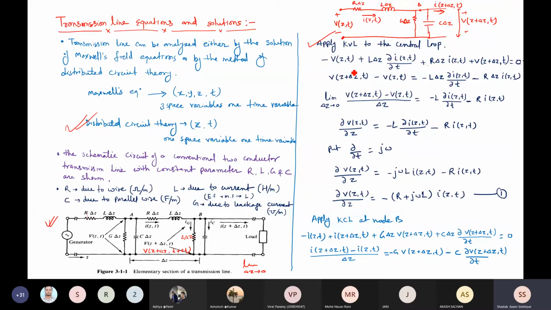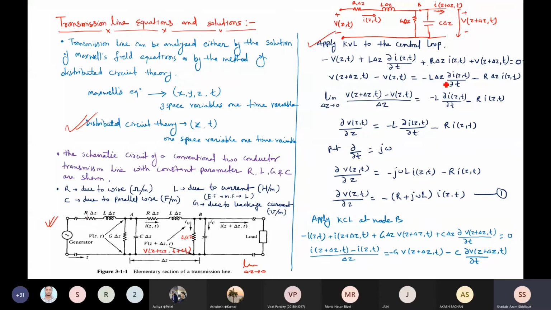So now if you rearrange this, you take V(z+Δz,T) minus V(z,T) to one side, and these two to this side, so this will come with a negative sign. Divide by Δz on both sides, so this will become V(z+Δz,T) minus V(z,T) divided by Δz, and Δz will go out from this term also.